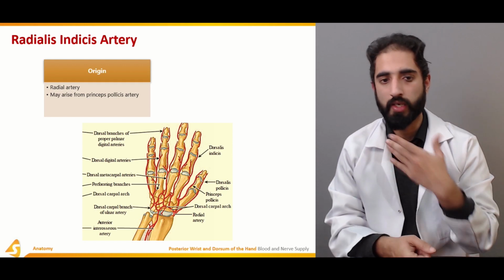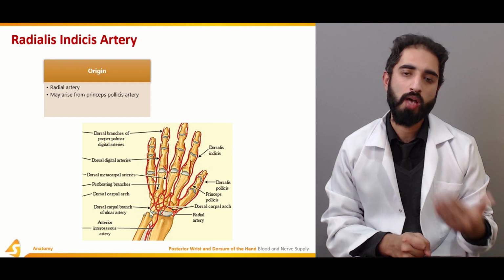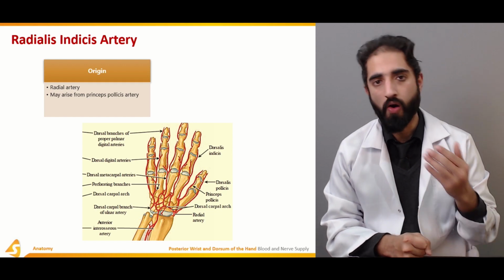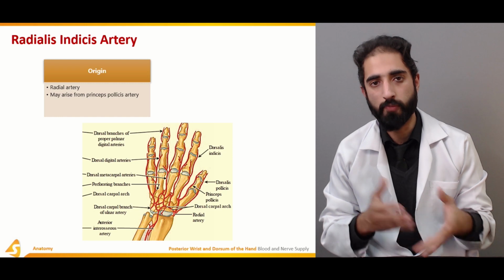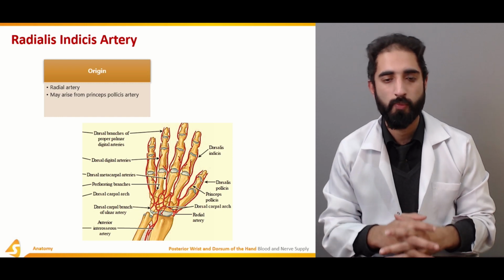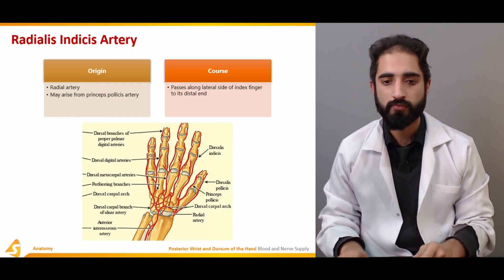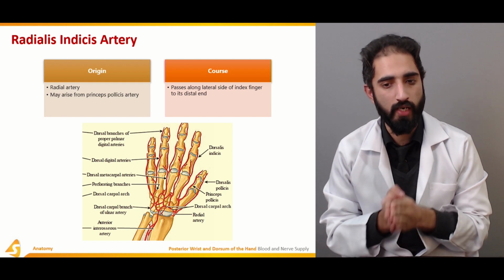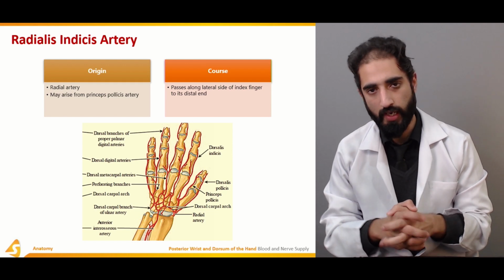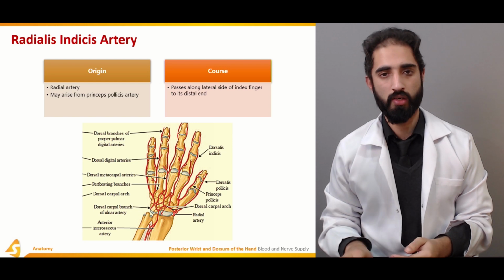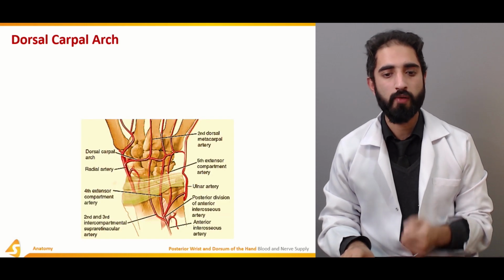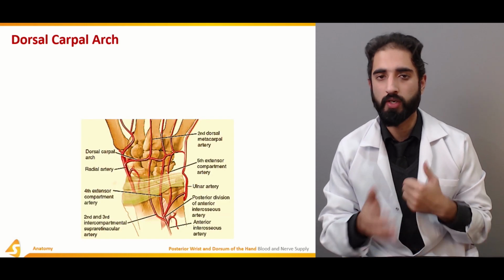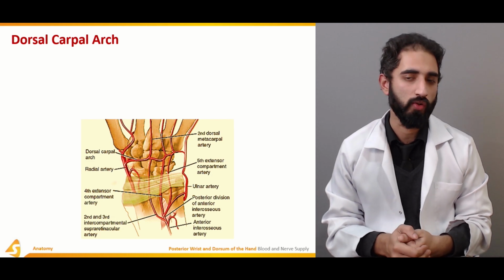So it can originate directly from the radial artery, or from one of its branches, the princeps pollicis artery. The course is that it passes along the lateral side of the index finger to its distal end and supplies the index finger.